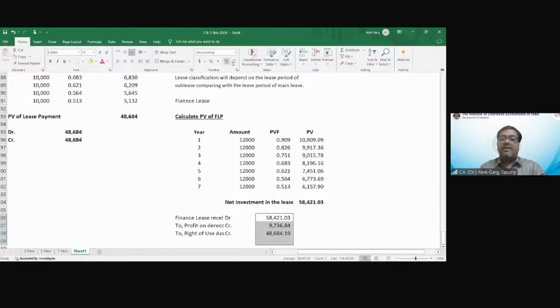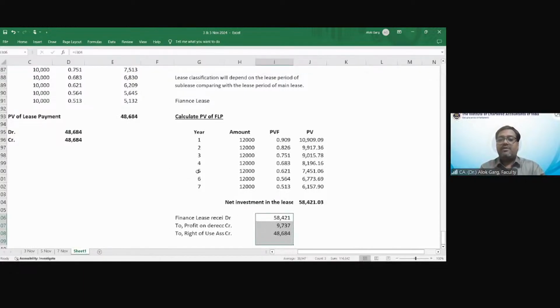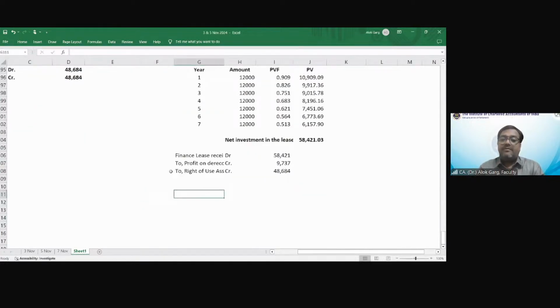Have you understood the accounting now? Yes. What will the balance sheet position be in the books of B Limited? Under financial assets, finance lease receivable.